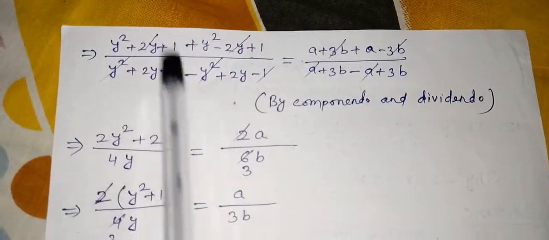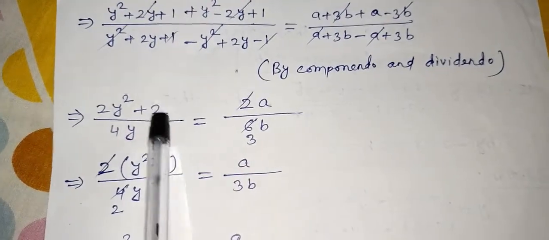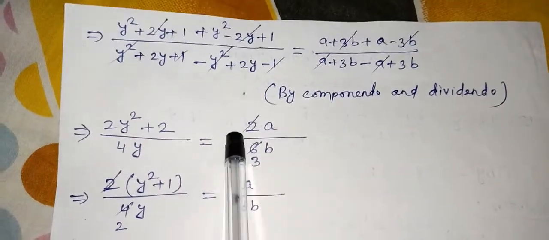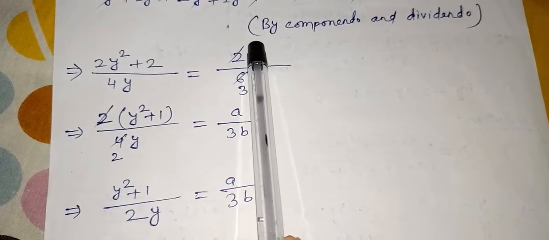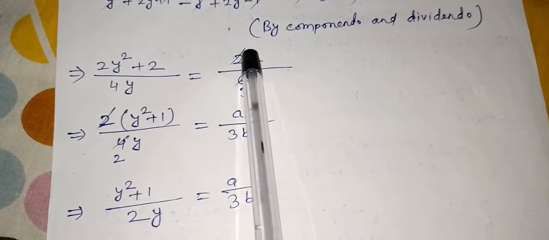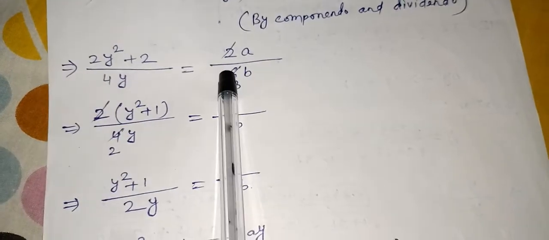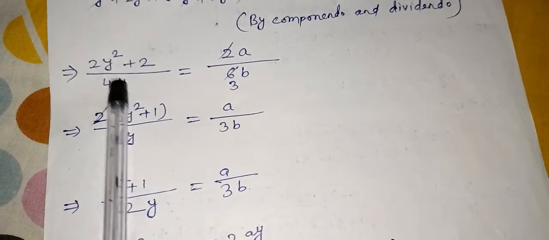So after cancellation what happened: y square plus 1 is 2, 2y plus 2y is 4y, and here a plus a is 2a, 3b plus 3b is 6b. So here I cancelled 2 and 6: 2 1s are 2 and 2 3s are 6. But here we cannot cancel because there is a plus in the middle, so we can cancel only in the case of multiplication.